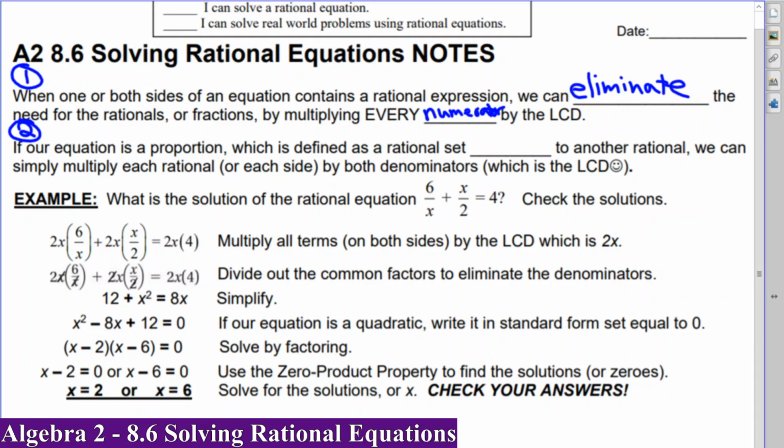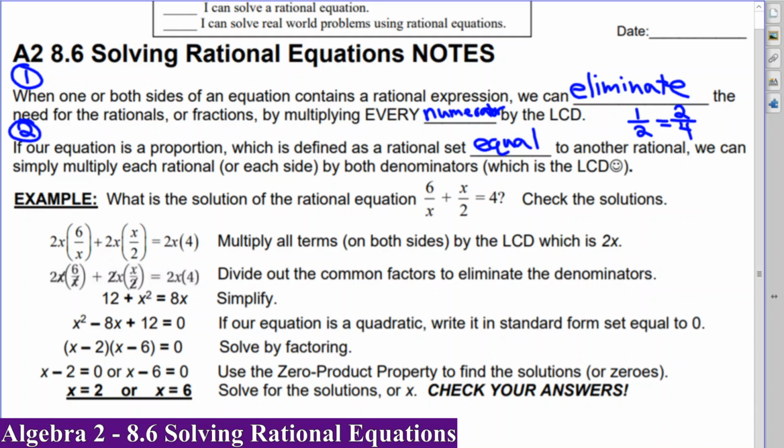The second one, if our equation is a proportion, which is defined as a rational that is equal to another rational, like for instance, 1/2 equals 2/4, that is a proportion.